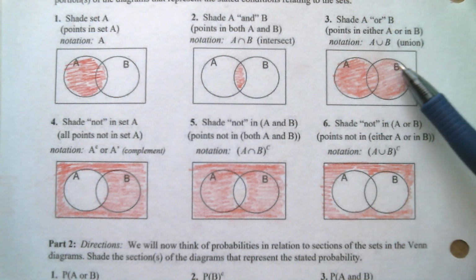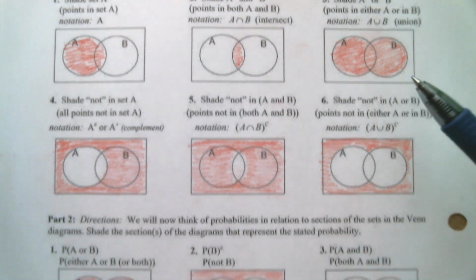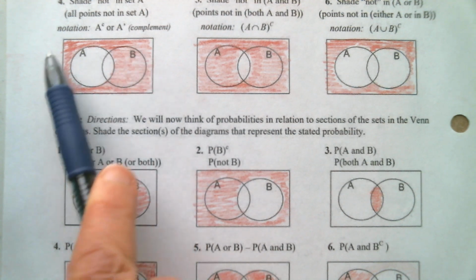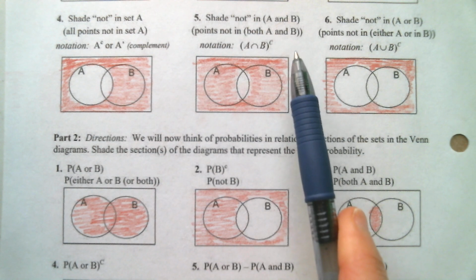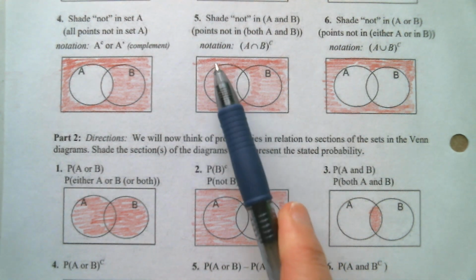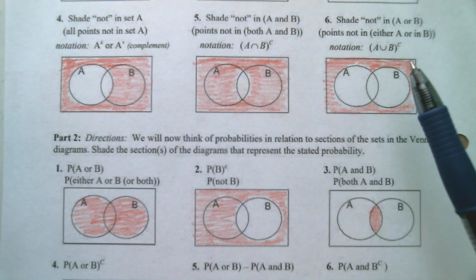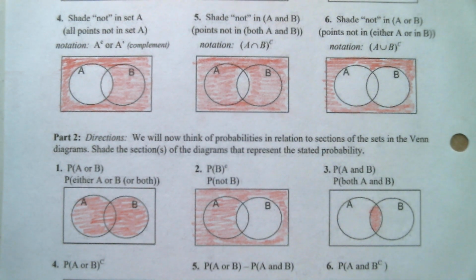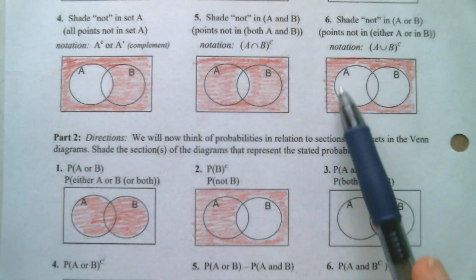A or B. Not in set A, so that's everything outside of set A. Not in A and B, so here's A and B. Not in A and B is everything outside of it. Not in A or B. Excuse me. Everything outside of A or B.